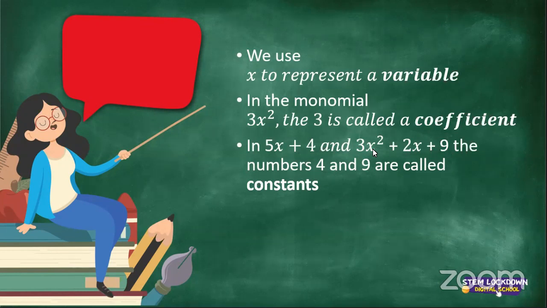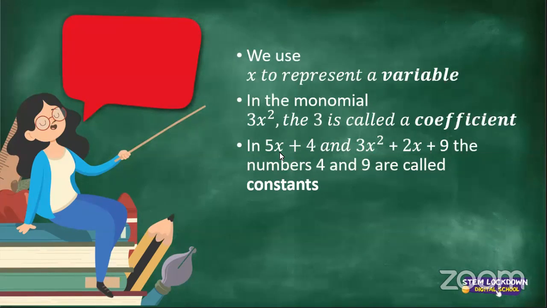Even in 3x squared plus 2x plus 9, you can substitute any value of x, but the number 9 will not change. So any number that cannot change is called a constant because it stays constant. This number is not affected by the value of x.